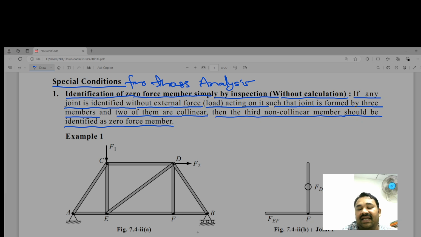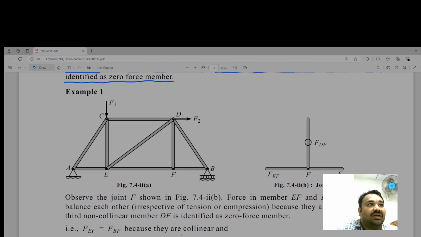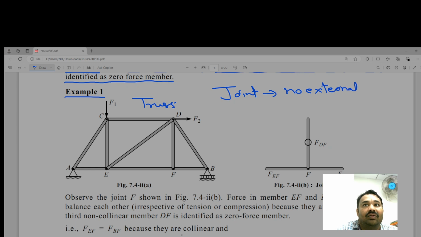So let us take an example in this structure. Example 1 is here and this is the truss. You see the structure and identify the joint with no external load.